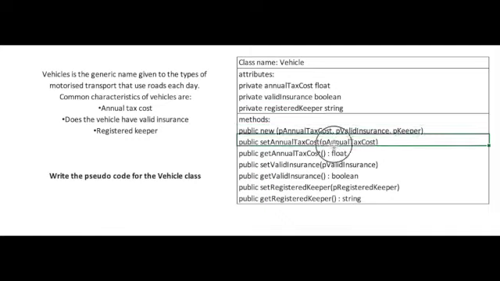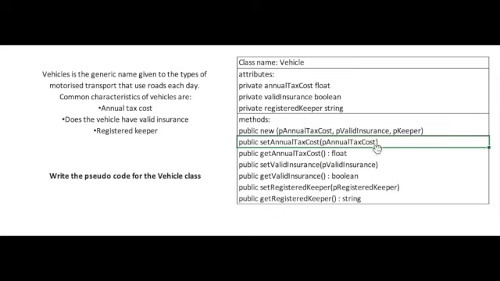Generally speaking, setter methods will require a parameter, taking data to the subroutine, the method, and then assigning it to the field or attribute. The getter methods will have a return type, so you'll notice that I've used a colon here and then the return data type following the method header definition.